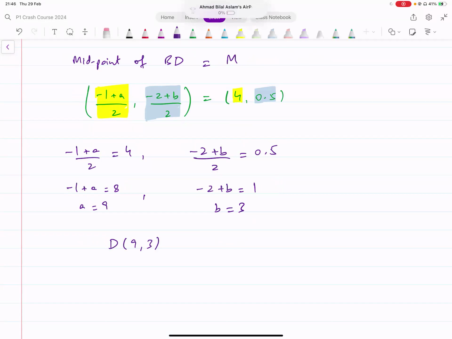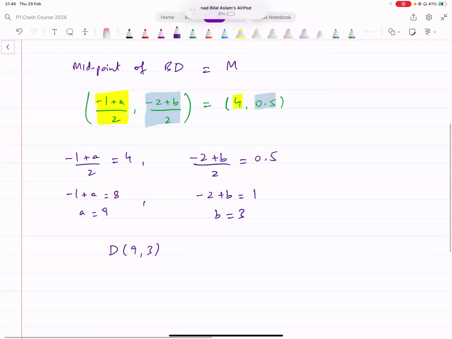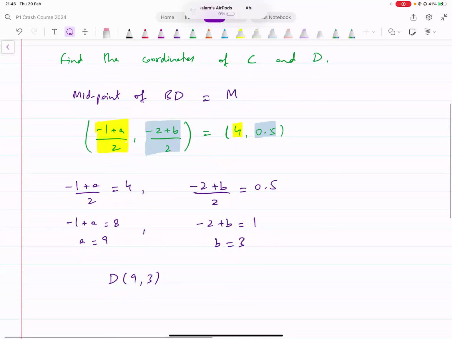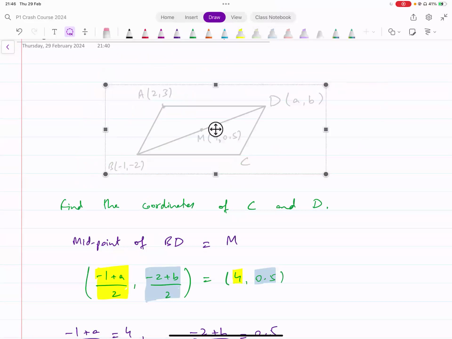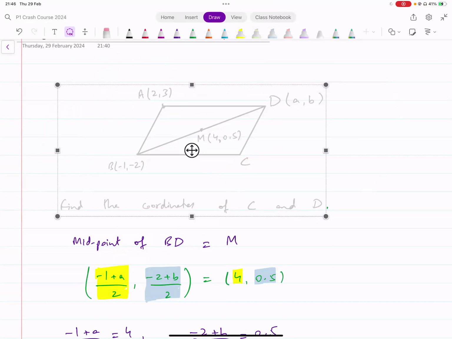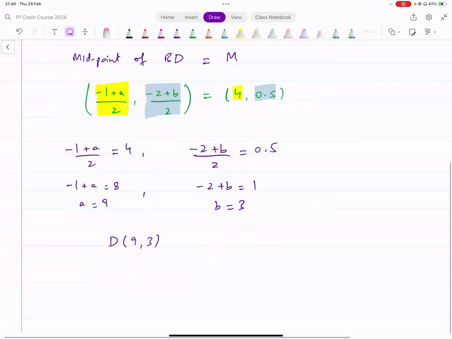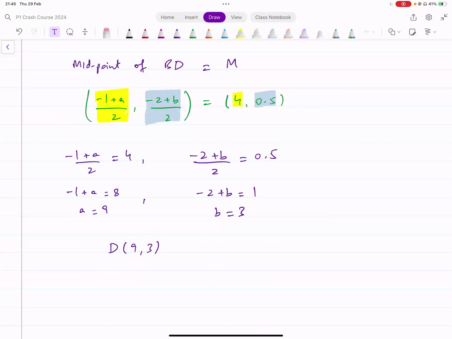Now, another possibility could be like this. Let's consider the same situation again, and we could do it in a much quicker way as well. How would we do that?